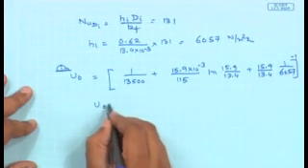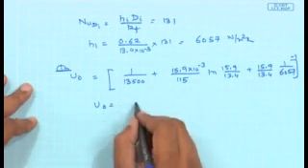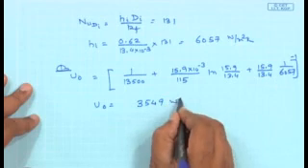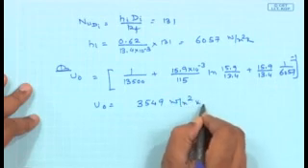So the overall heat transfer coefficient would turn out to be 3549 watt per meter square Kelvin.